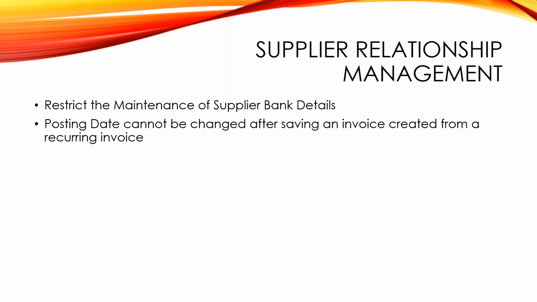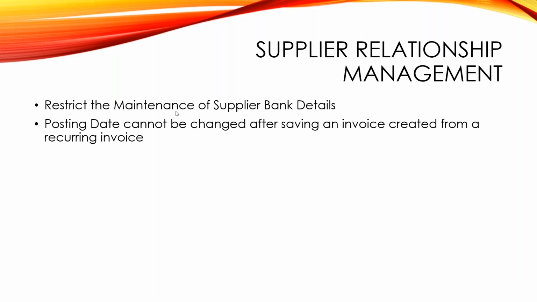So maybe the purchasing department is putting in all the details related to the contacts and the address and the product information, where someone in the AP department needs to put in the bank details and all that other good stuff. So you can actually have a multi-step approval that really acts more like a stopgate process to make the changes and additions to that supplier master that they need to.